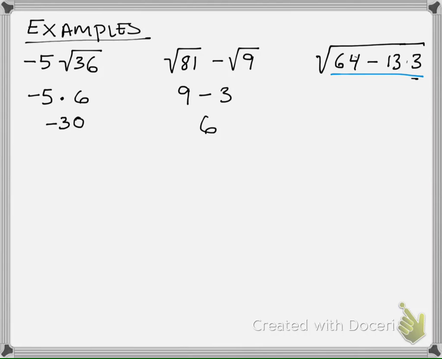So what we're going to do is take the square root of 64 minus 39. Then the 64 minus 39 will give us 25. And the square root of 25 is 5. Not so hard, huh?